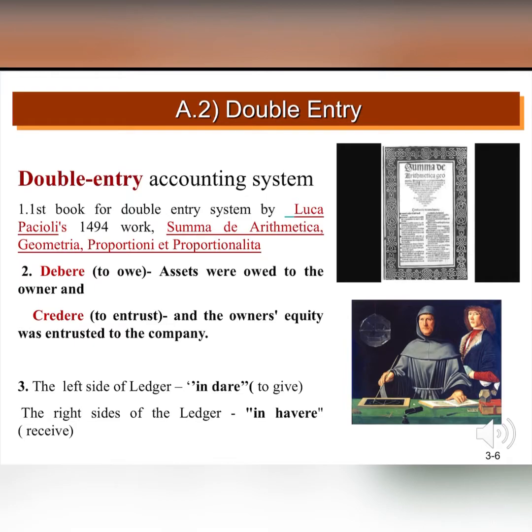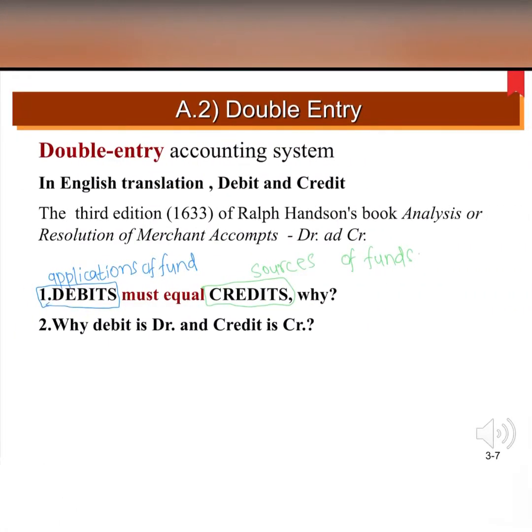Here he said that debit must be equal to credit, in short. After some time it was translated into English: debit means debit and credit means credit. In the third edition in 1633, Ralph Hansen started to write debit as DR and credit as CR.